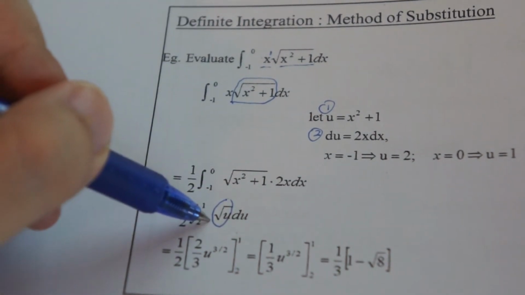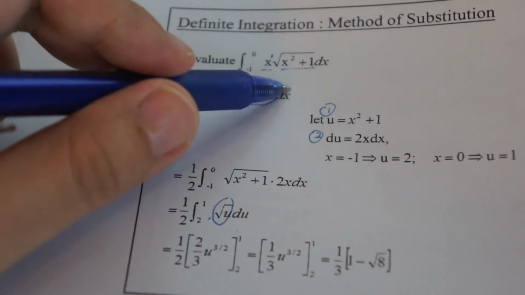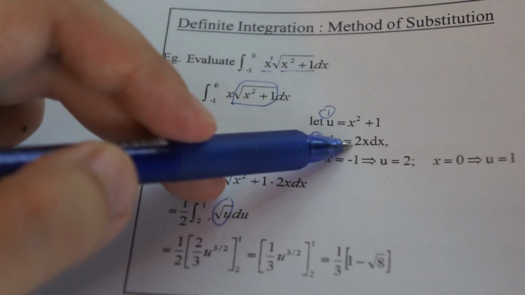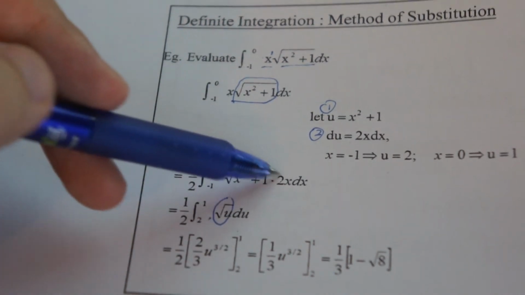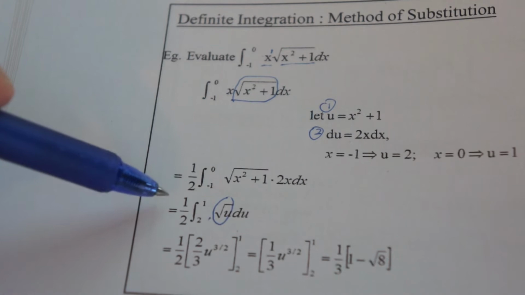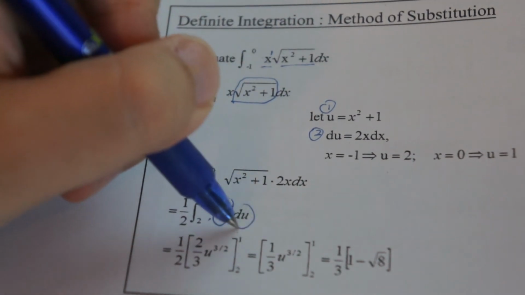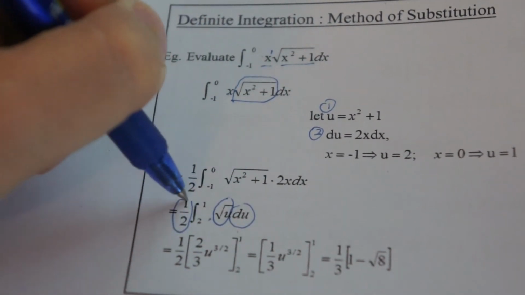So this x times dx, according to step 2, becomes du divided by 2. That's why you will get the answer du over 2.